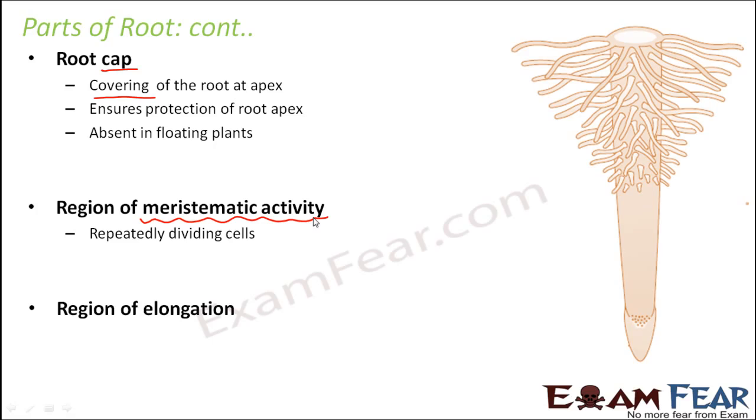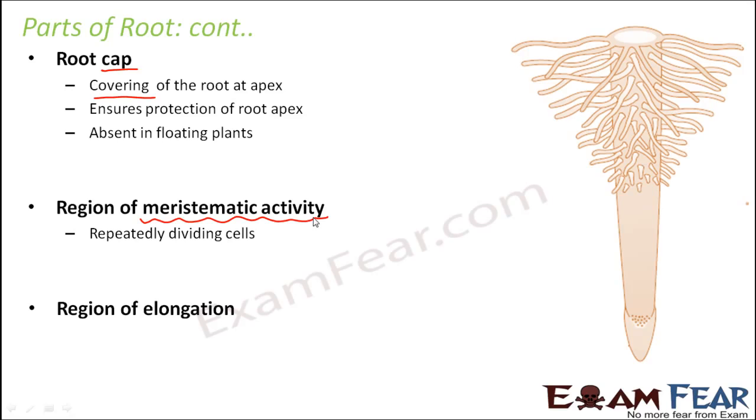The meristematic region is where cell division takes place. By dividing and producing new cells, it adds to the longitudinal growth of the root. When more and more cells are produced, it contributes to the lengthwise growth of the root.